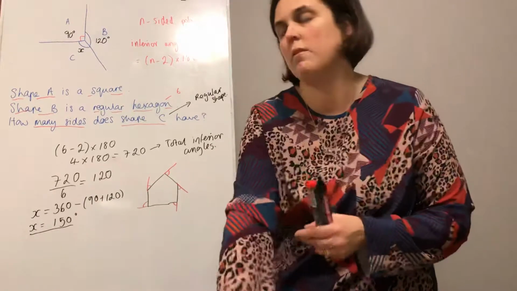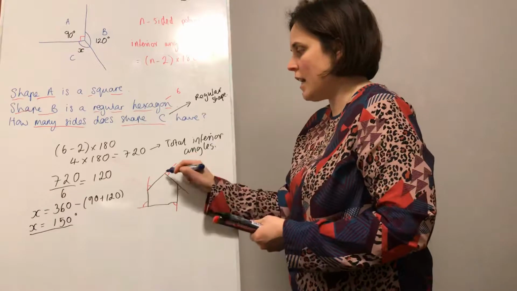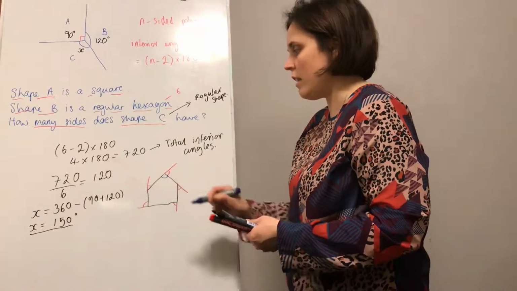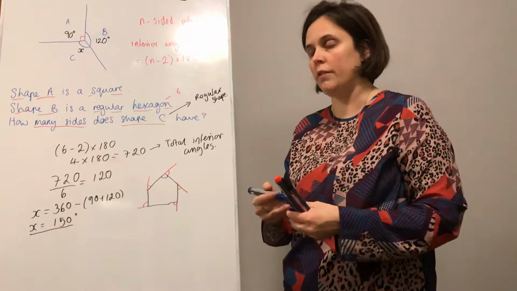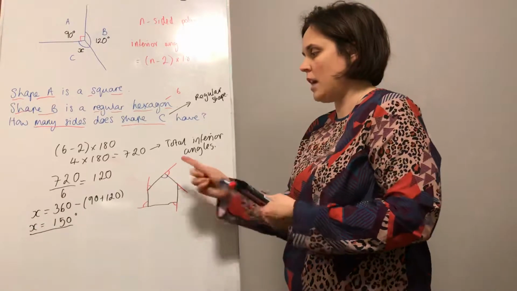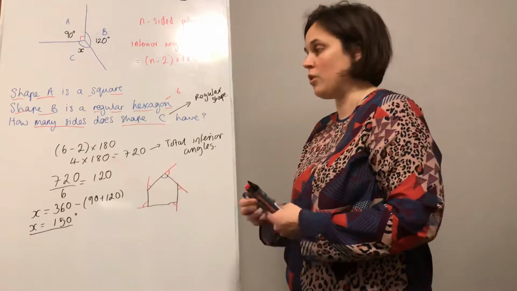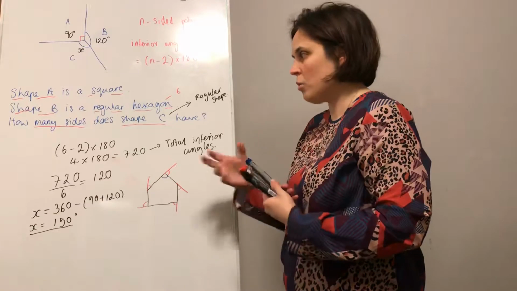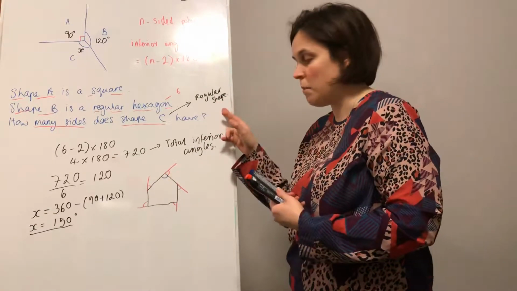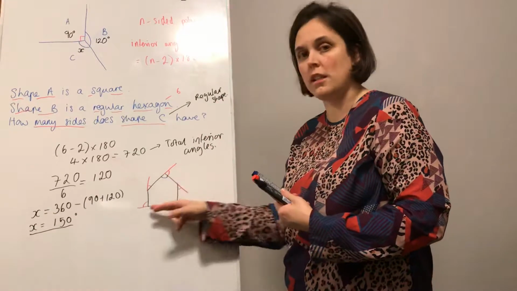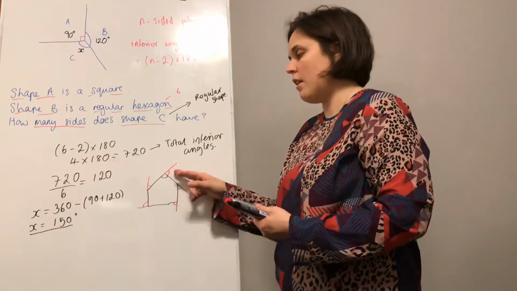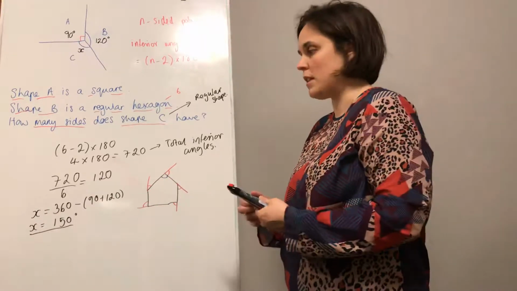Now, what you should be able to see here is that any exterior angle with its interior angle lie on a straight line. That means any angles on a straight line add up to 180 degrees. And more so, if it's a regular shape, we know that all of the interior angles are the same, so therefore the exterior angles must all be the same.